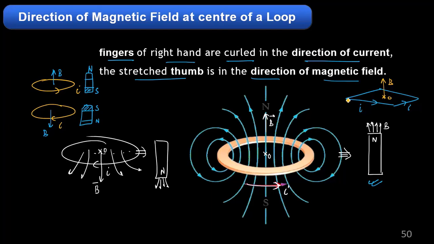The other field lines are not vertical, they should be somewhat curved. But this gives the idea that this coil is behaving as a coil in which the magnetic field lines are upward. If I change the direction of the current, then the direction of the magnetic field will be changed. So by this method, I first have to calculate the direction in which the magnetic field lines are going.